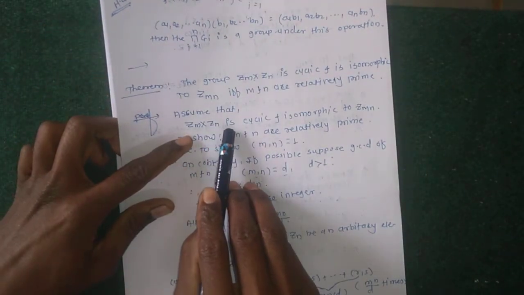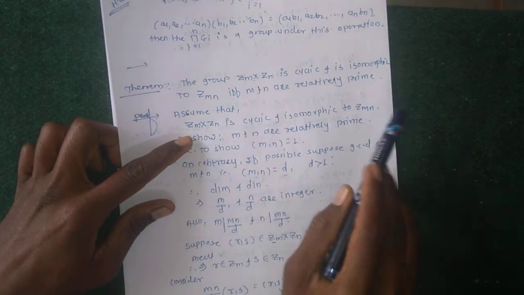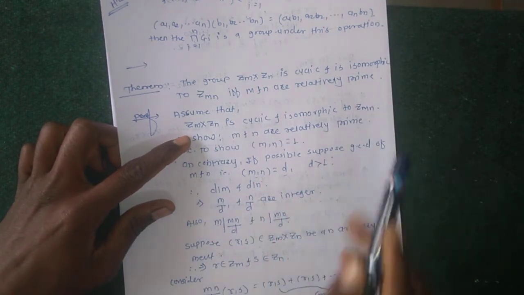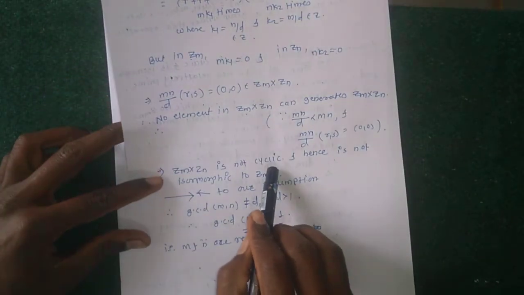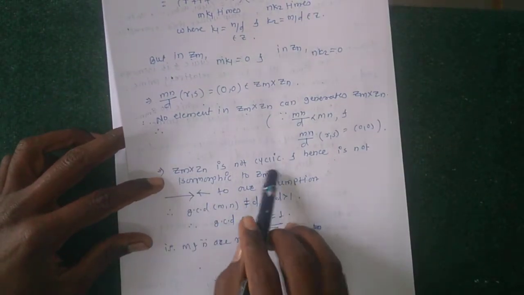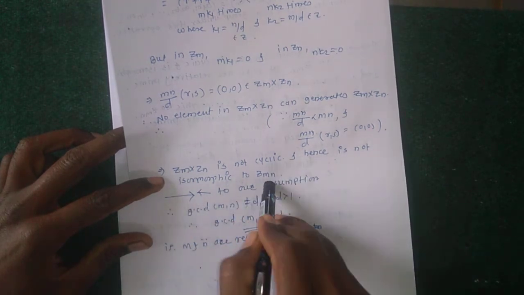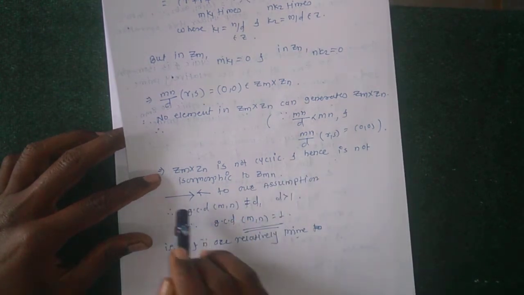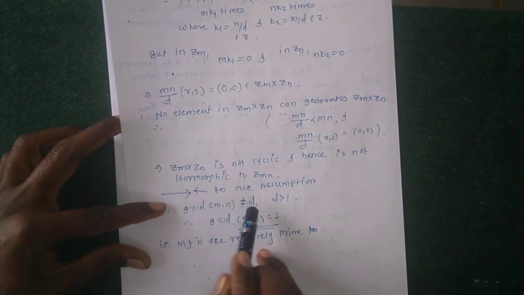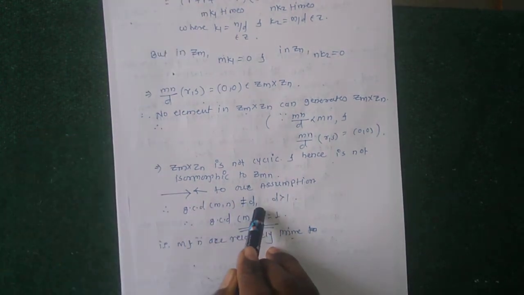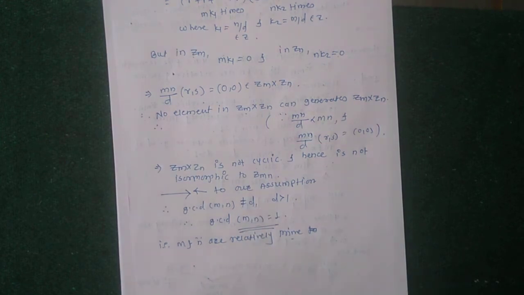Our assumption is that Zm cross Zn is cyclic and isomorphic to Zmn. But Zm cross Zn has no generator, which implies it is not cyclic and not isomorphic to Zmn. So we get a contradiction when GCD of m and n is greater than 1.